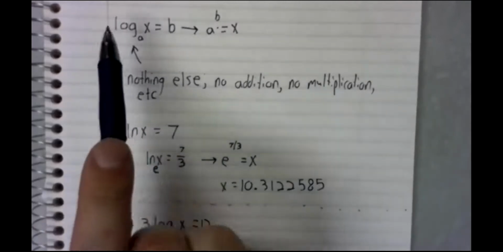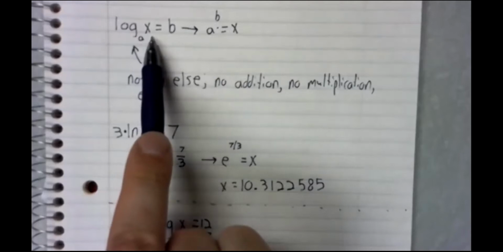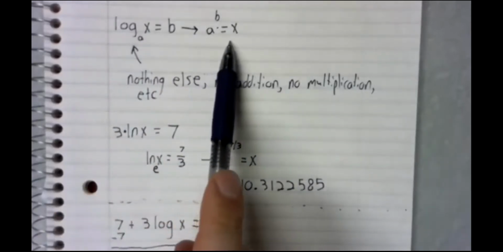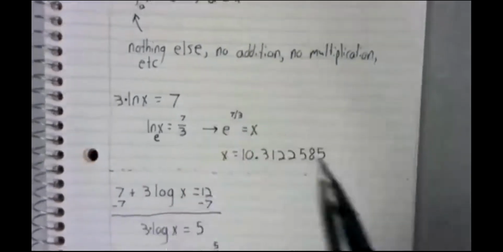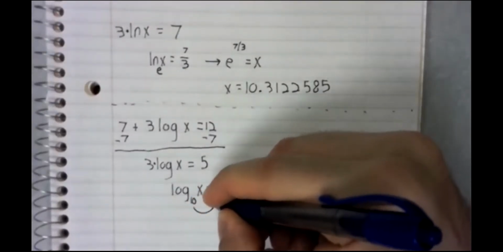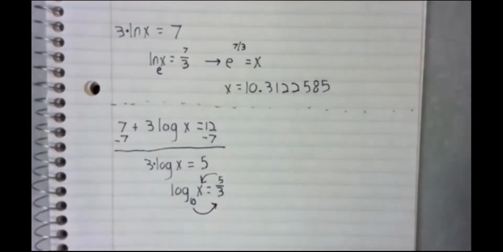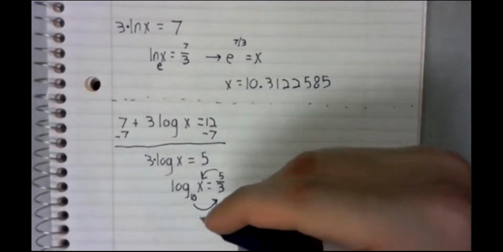So remembering how to rewrite the statement about a logarithm as a statement about an exponential, 10 raised to the 5/3 equals x.